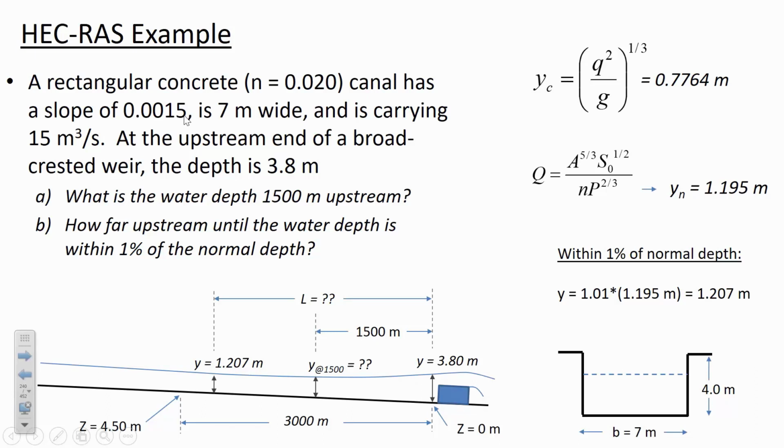Then if we go 3,000 meters upstream, the channel bottom should be at an elevation of 4.5 meters. That's just multiplying by 0.0015, which is 0.0015 meters of elevation for every meter of horizontal length that we're moving upstream. So if we're moving 3,000, the delta z is 4.5.